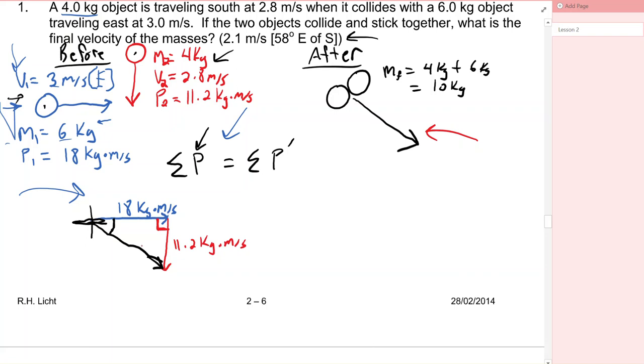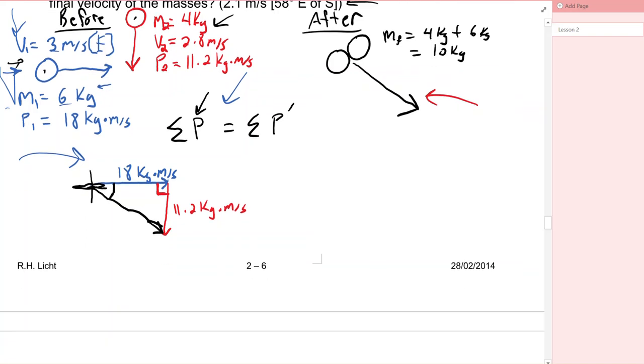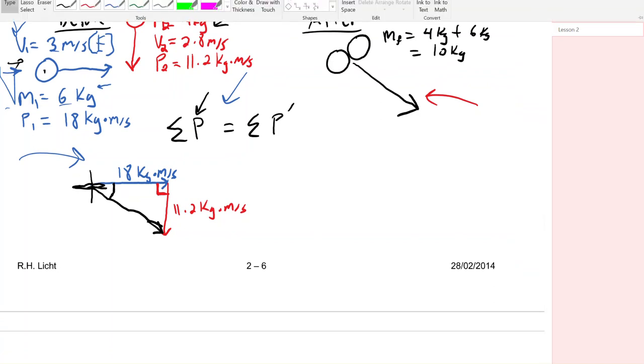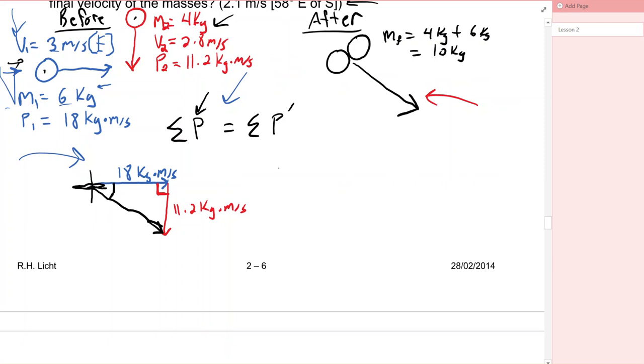All right, so we've just got Pythagorean theorem here now, right, to figure out our resultant vector. So it's going to be a squared plus b squared is equal to c squared. So that's going to be 18. I'll forget the units for a second. 18 squared plus 11.2 squared is equal to, actually I'm going to call that r squared for my resultant vector.